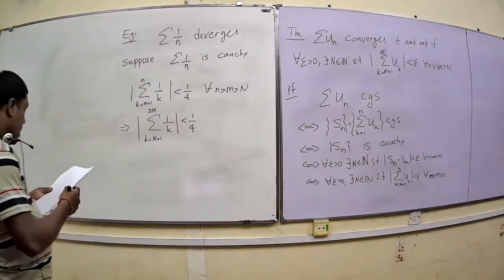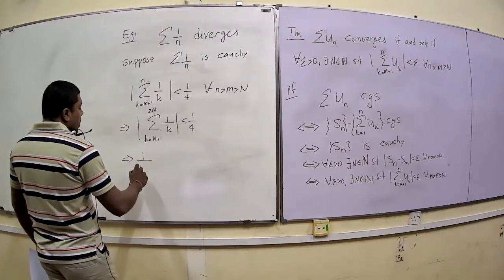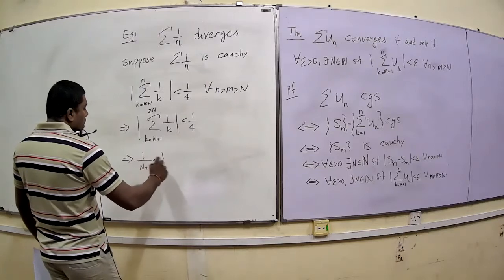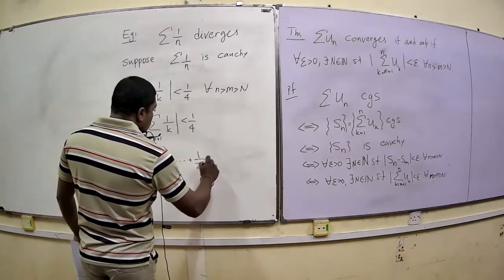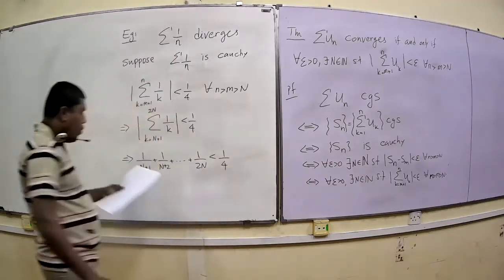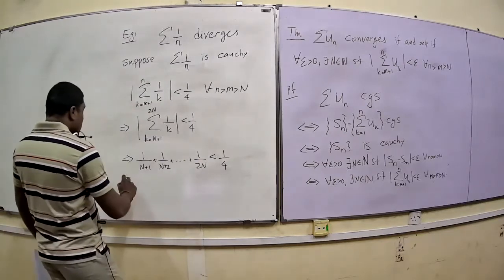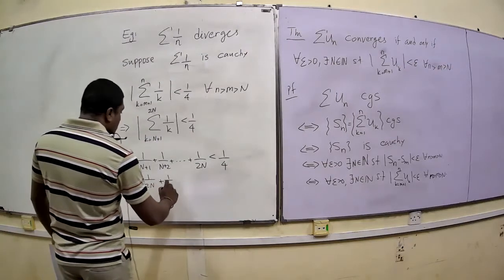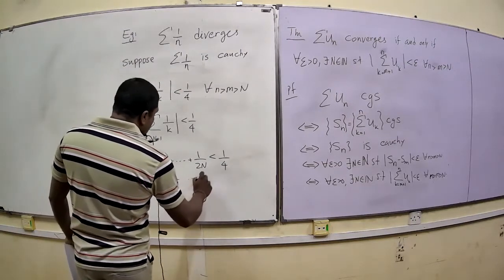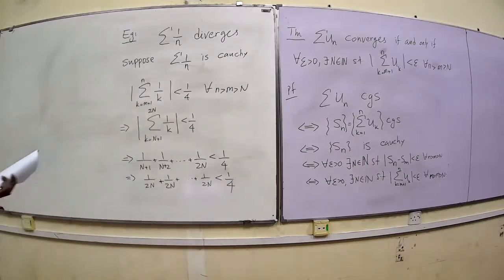So then you have a summation, and this is basically 1 upon N plus 1 plus 1 upon N plus 2 plus and so on up to 1 upon 2N is less than 1/4, right? Similar kind of exercise we did for sequences as well, so I am not explaining too much.